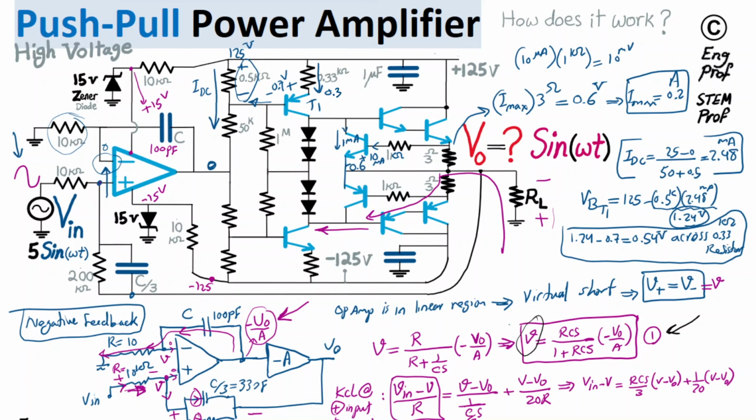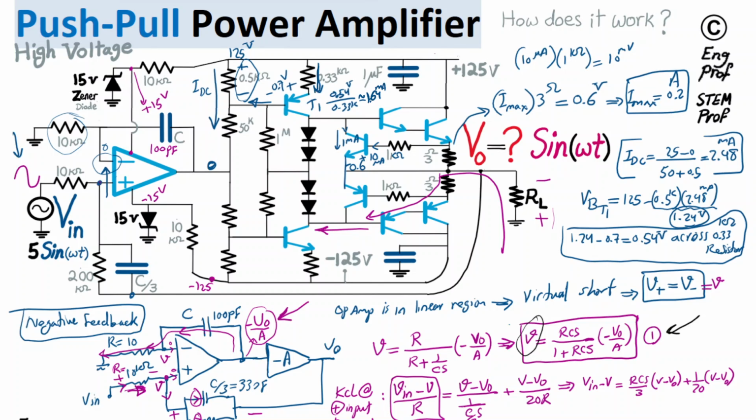That current is the voltage drop we found, 0.54 volt, divided by 0.33k, which is roughly 1.64 milliamp.